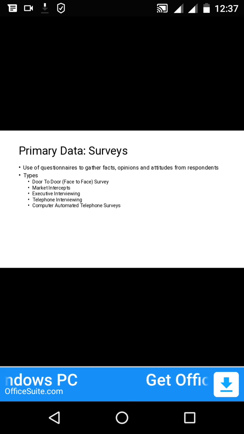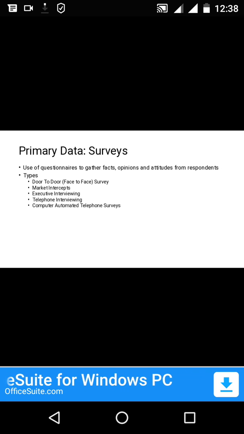The list of telephone numbers would also be fed into the computer. The computer itself would call up respondents according to that list and then play the pre-recorded human voice. That pre-recorded human voice would be asking questions, and the respondent will have to punch in his responses on his mobile phone or on his telephone.